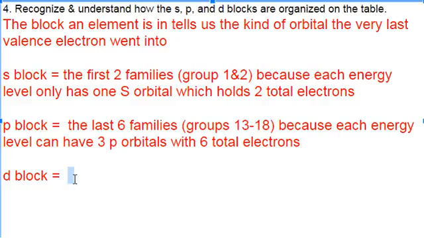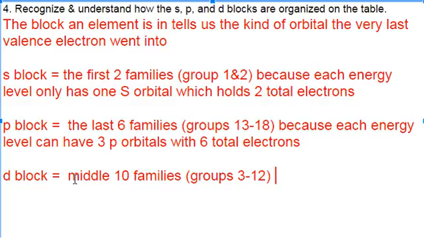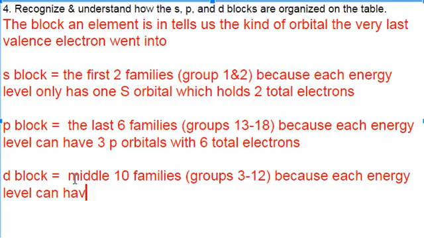And then the d block is the middle 10. So that's groups 3 to 12. Sometimes they're called the B groups. And each energy level can have 5 d orbitals with 10 total electrons.